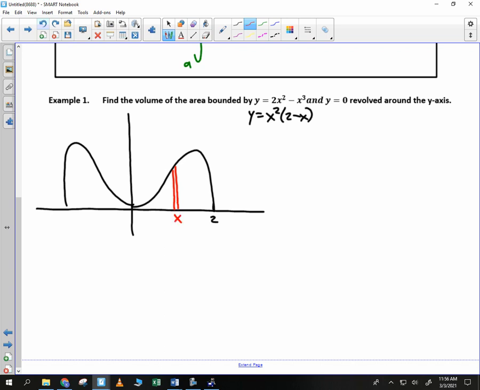I'm going to say that we drew the rectangle at a position of x. Okay? So just some value on the x-axis. Could be 0.5, could be 1, could be 1.8. I'm going to revolve that around over here. As I revolve that rectangle around, I get this beautiful Russian nesting doll.